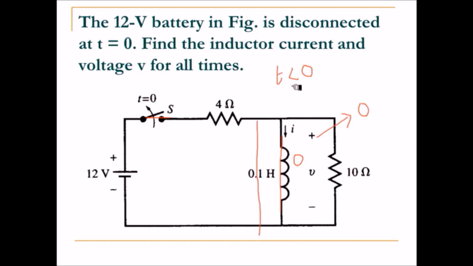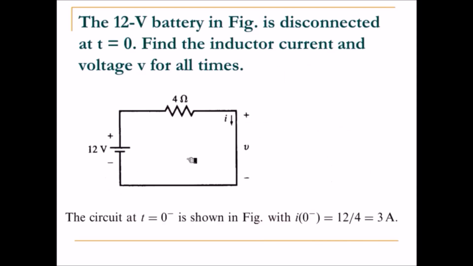So when t is less than 0, you have a circuit with a 12 volt source, 4 ohms and a short circuit. Your circuit will reduce like this. Here we drew it as a short circuit, but basically you have an inductor here. Am I right? The current I flowing through this short circuit is nothing but the current flowing through the inductor.